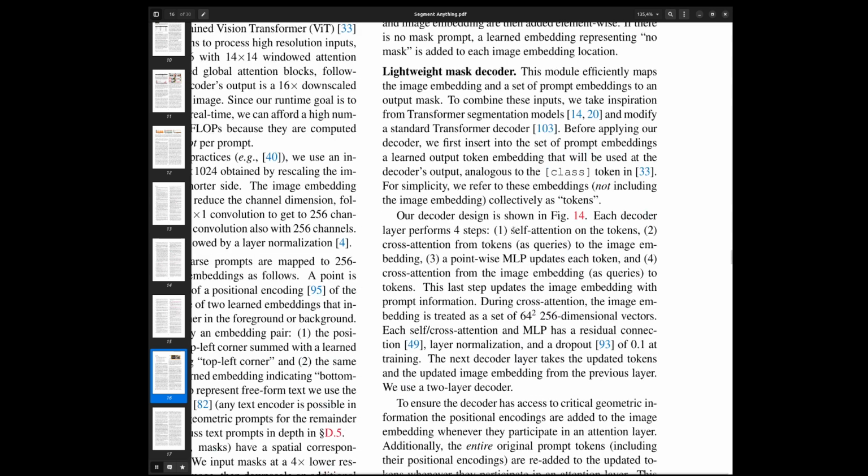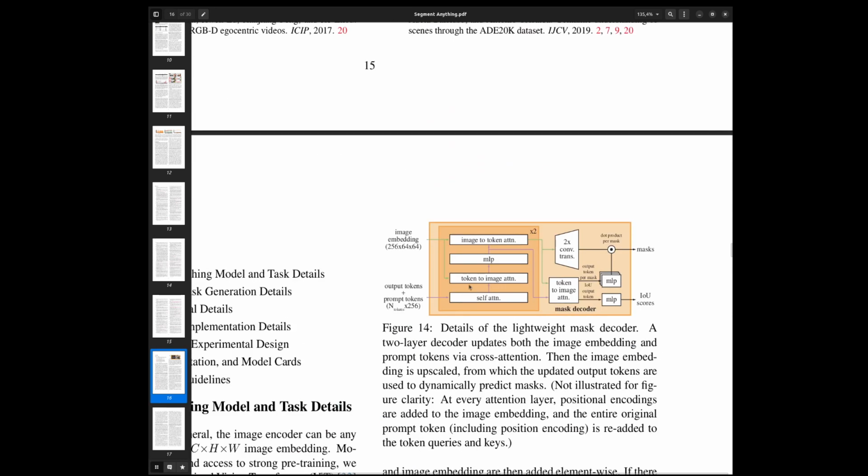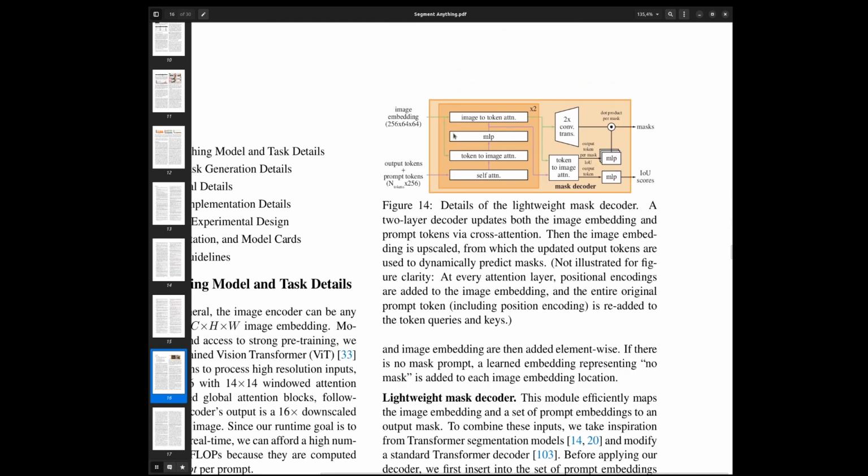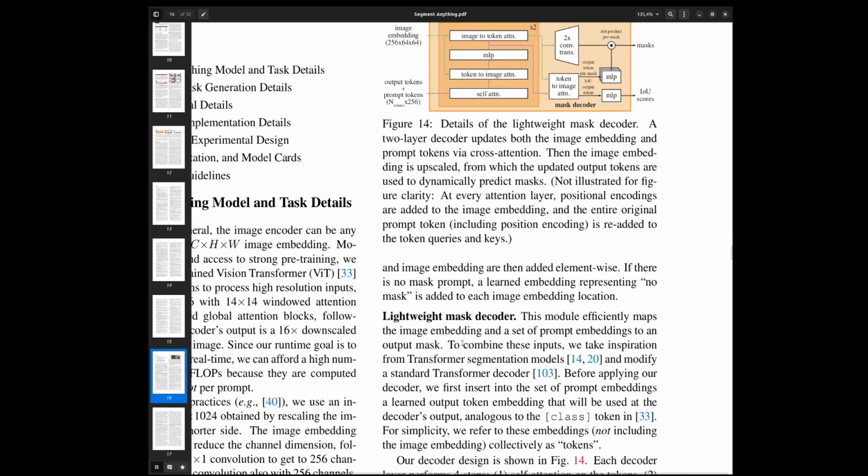Okay, so self-attention on the tokens. Cross-attention from tokens as queries to the image embeddings. Okay, token to image. But if the tokens are queries, then it's image to token, I guess.